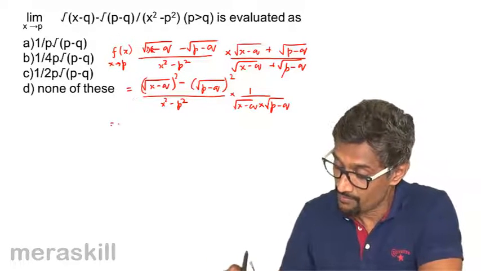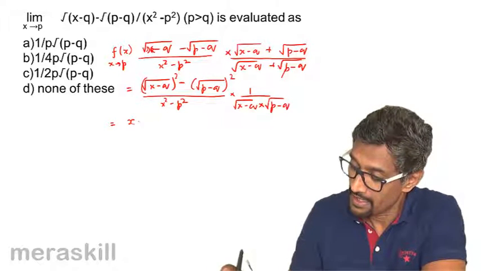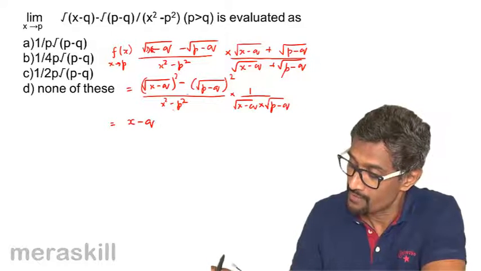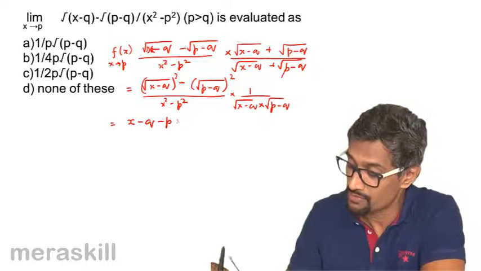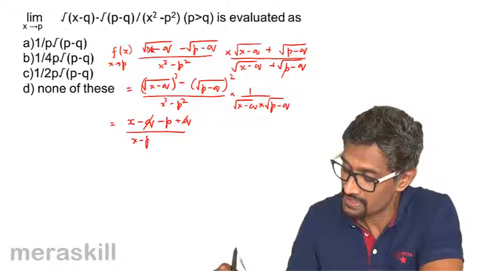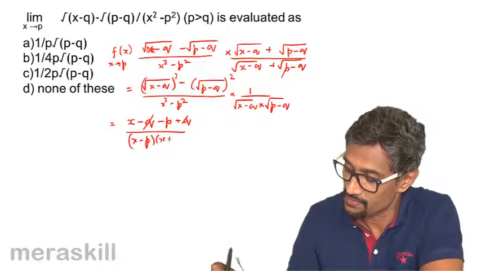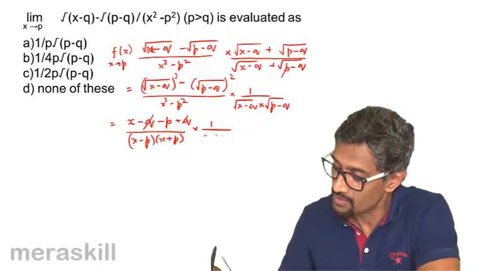This will now become root x minus q the whole square, which is nothing but x minus q, minus of p minus q, which is minus p plus q, and this gets cancelled. x square minus p square can be written as x minus p into x plus p, into 1 upon all these values.